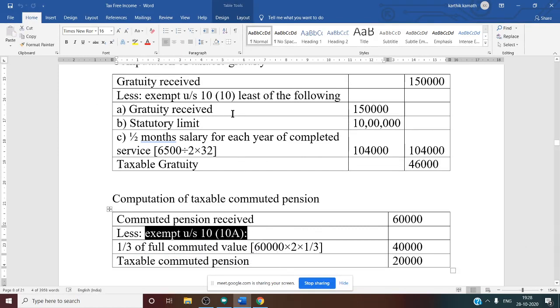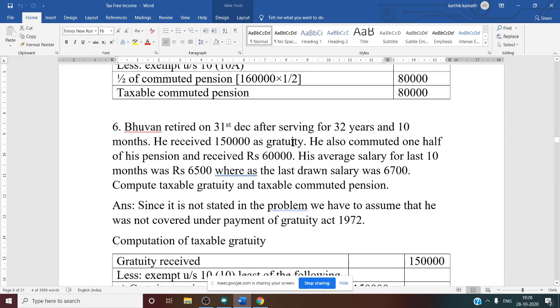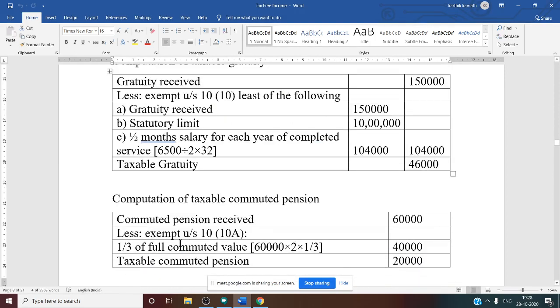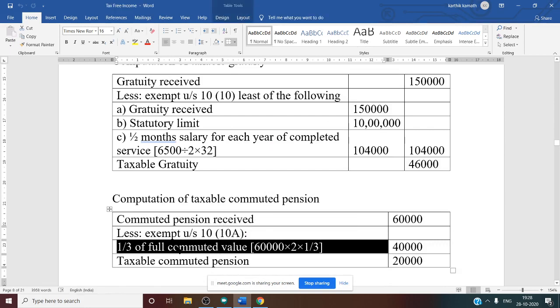For gratuity it is 10(10), for commuted pension it is 10(10A). Next you need to see whether he receives gratuity or not. In this question it is specifically given that he receives gratuity. Whenever he receives gratuity, what is the rule? 1 by 3 of the full value, very important, not half of the value, full value of the commuted pension.